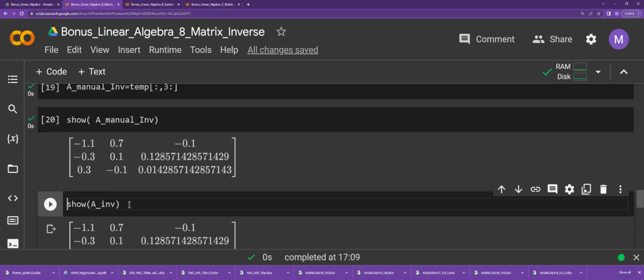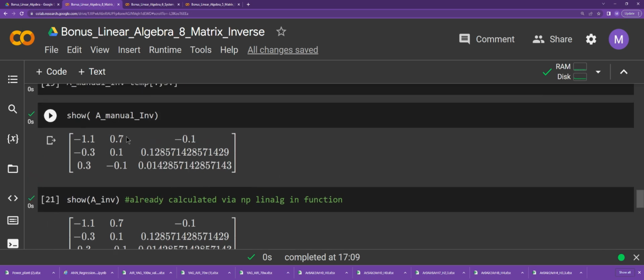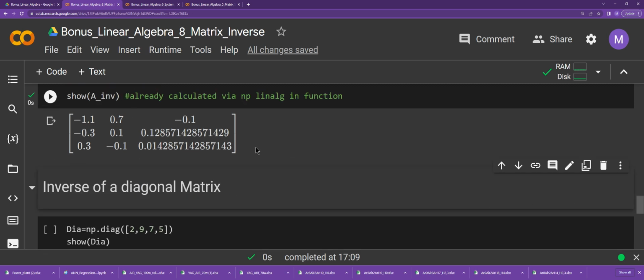So this A inverse we had already calculated via the np.linalg.inv function, and we can see that yes, they are exactly the same thing. But obviously you will never go and do this manually. You can just use numpy to do it for you.